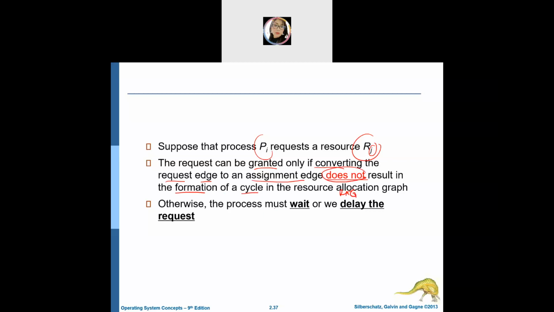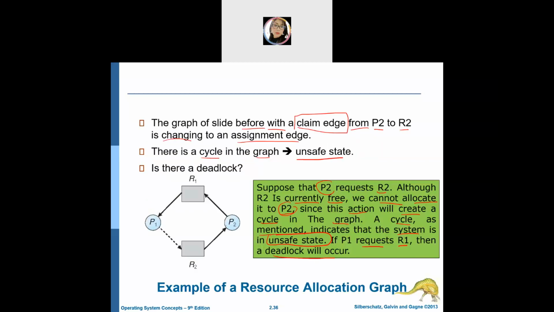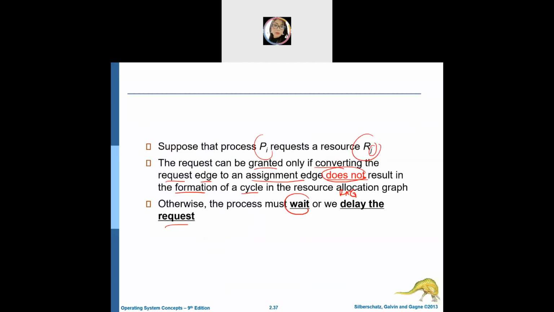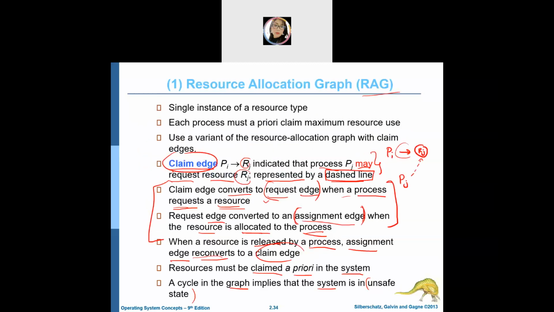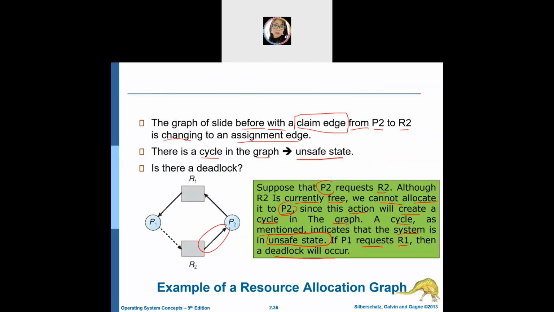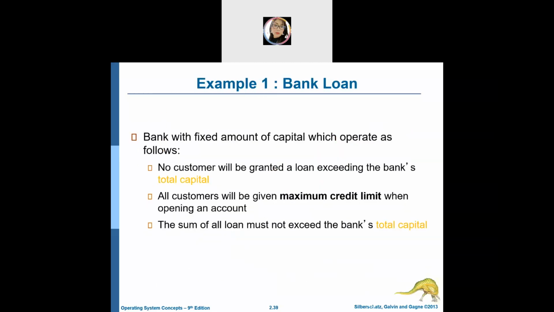Otherwise, the process must wait and we delay the request to avoid the deadlock. So that is on RAG. I guess it's not too hard. It's quite similar to the earlier example for the edges: request edge and assignment edge.